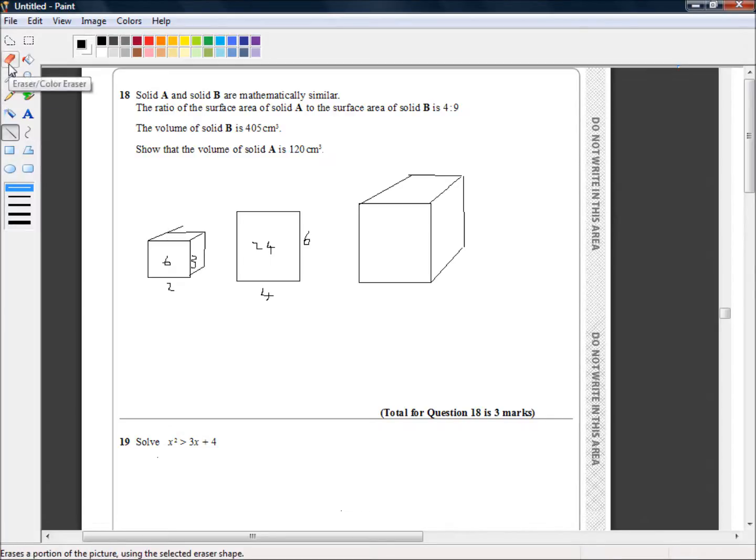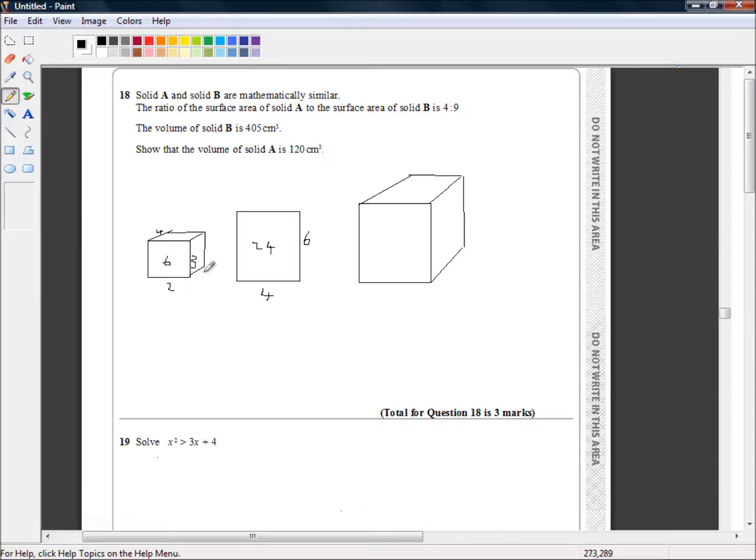And let's say that it's 2 times 3 times 4. And that this cuboid is twice as big as this cuboid.